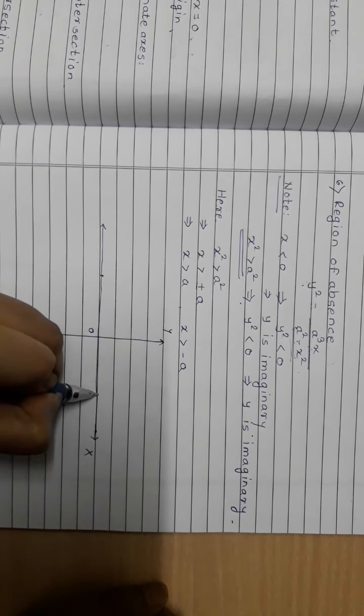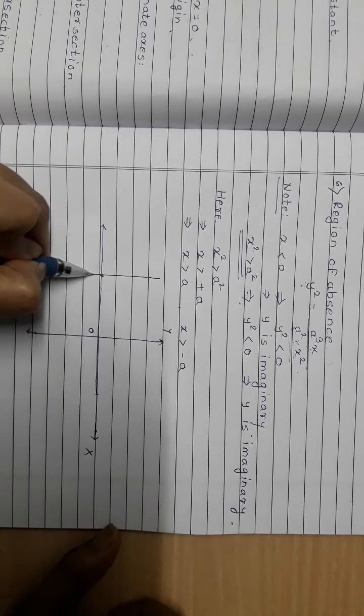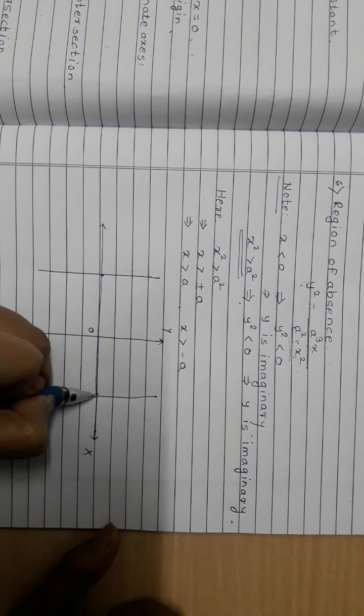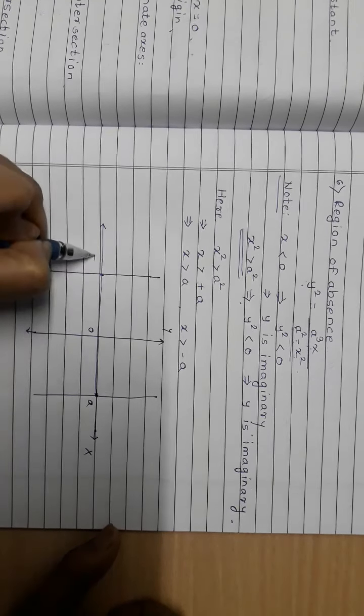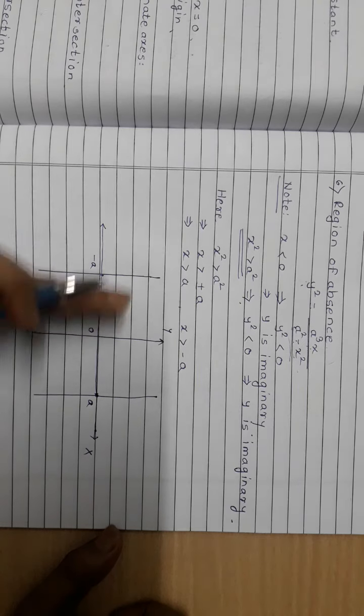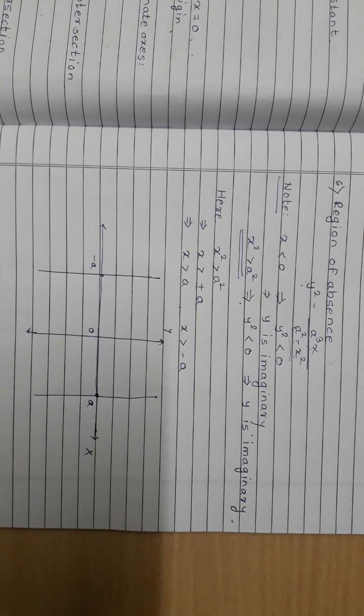I got these two things, that is, this is x equal to minus a, and this is x equal to plus a, correct? And what do I have here? When x is less than 0, yes, this becomes imaginary, so it should not exist, right?